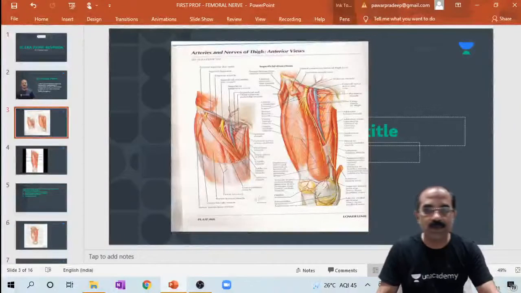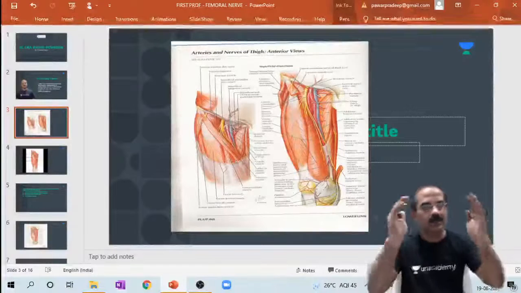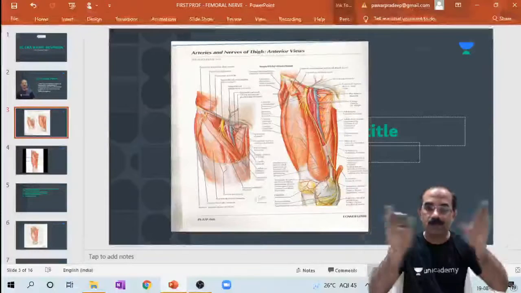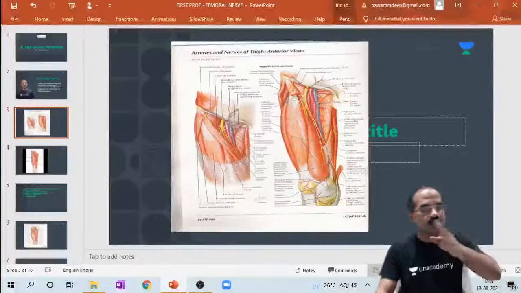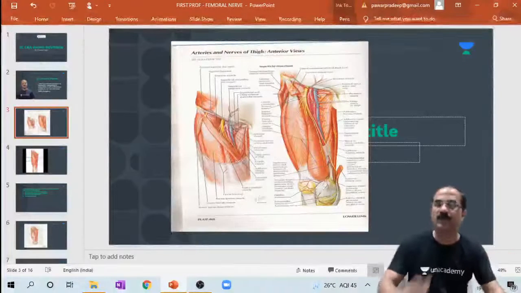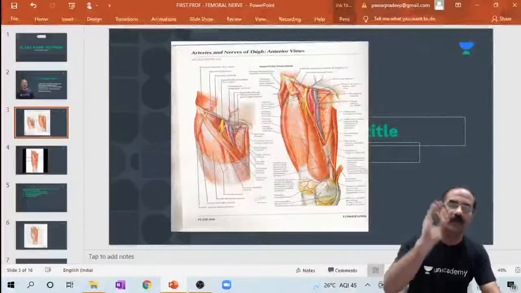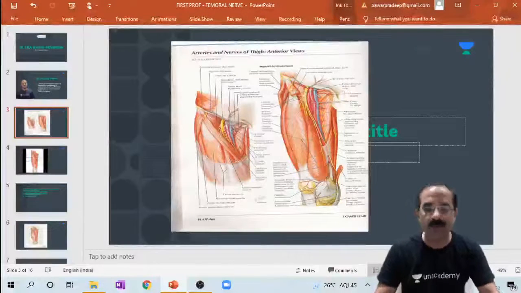Any guesses? What is this muscle? This is known as the gracilis. So Sartorius and gracilis have exactly opposite actions on the hip joint. Remember, students: Sartorius does abduction and lateral rotation, gracilis does adduction and medial rotation at the hip joint.